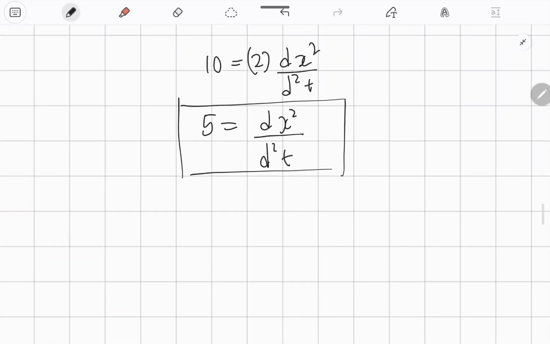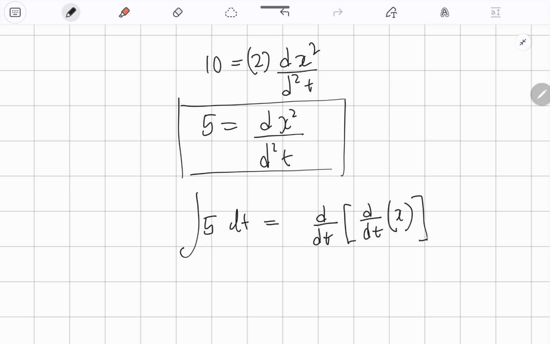So if I integrate both sides, I have a 5 here being integrated, and this side is d/dt, and then inside I'll have d/dt of x, and I'm trying to integrate that in terms of t.